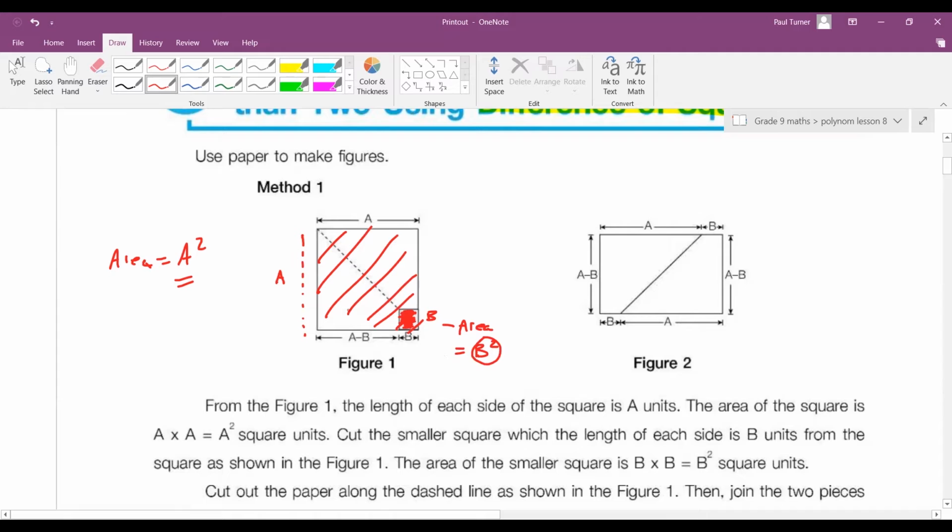So when we cut that out, when we remove this small square, this area here will be a squared minus b squared. So that blue area will be a squared minus b squared for the area.